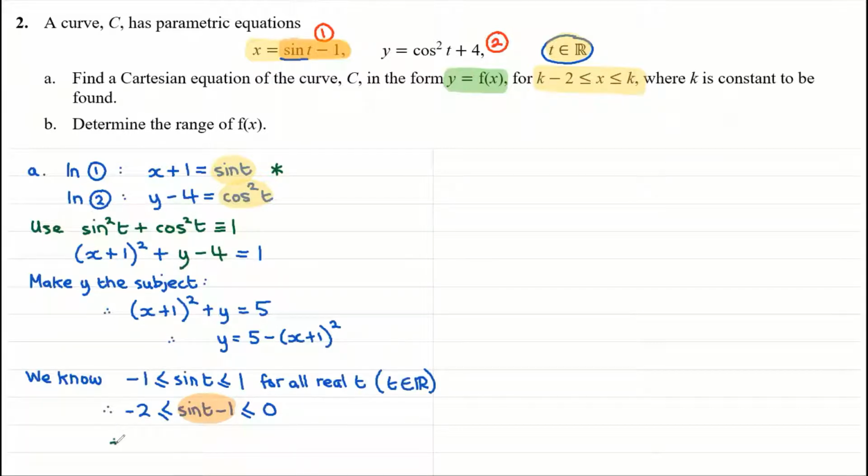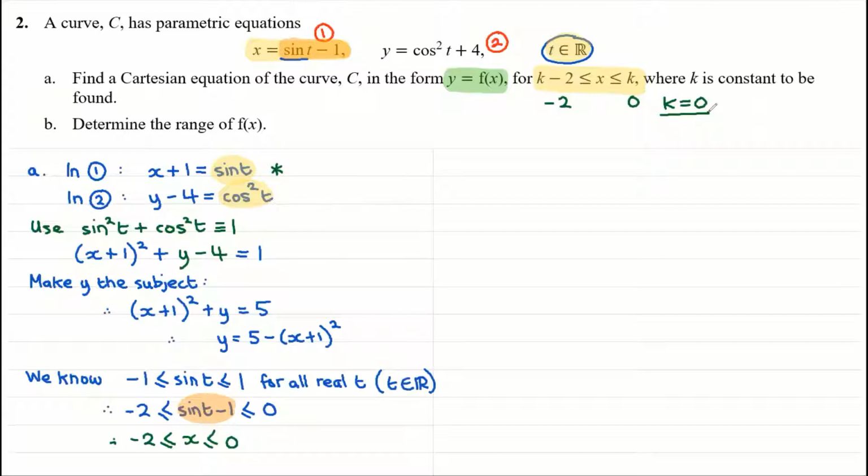So therefore we've got x between -2 and 0, okay? And x is sandwiched between -2 and 0. This means, of course, that this would be -2 and this will be 0. So in other words, k is equal to 0, which we've just deduced.